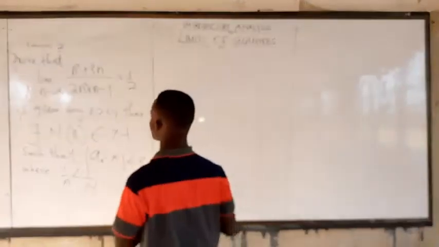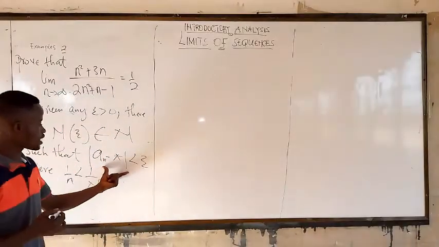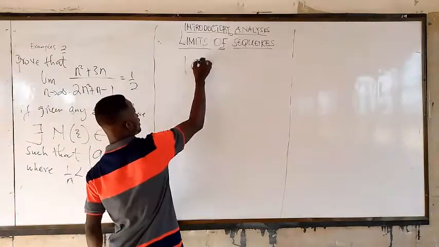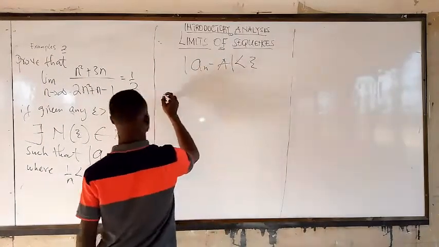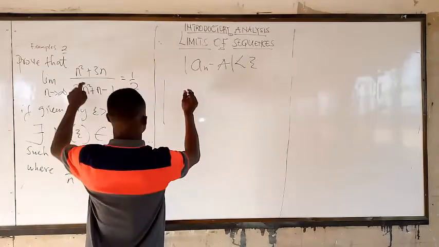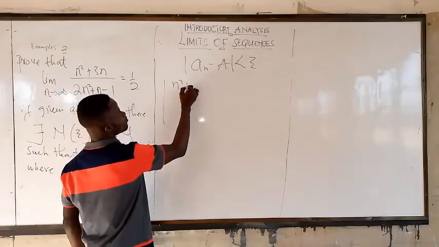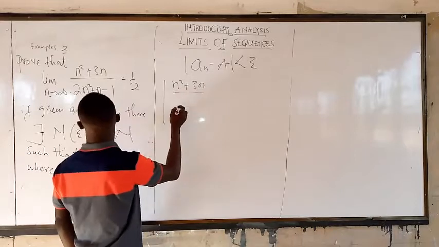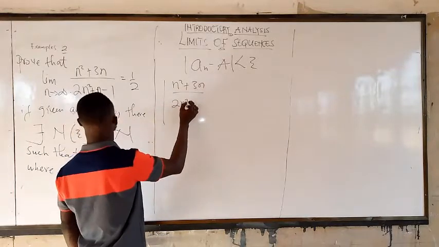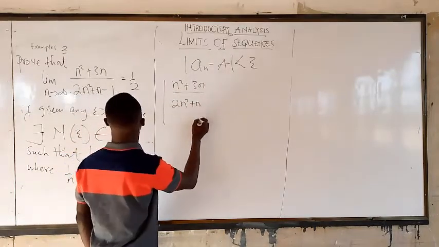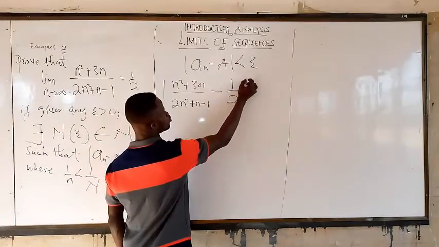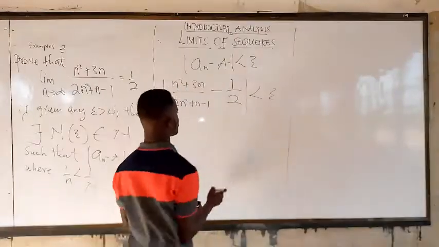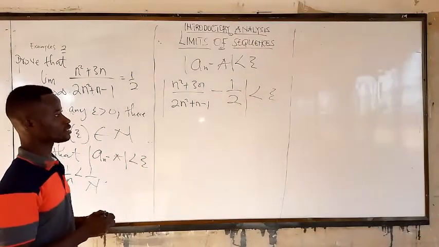So here we start from what we have, that a of n minus a is less than epsilon. So here you know this is n squared plus 3n over 2n squared plus n minus 1, minus 1 over 2, less than epsilon. Alright.